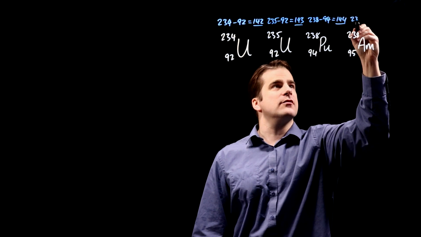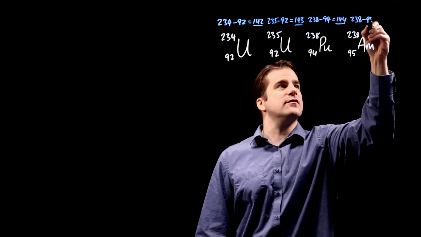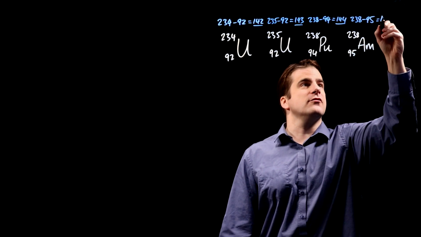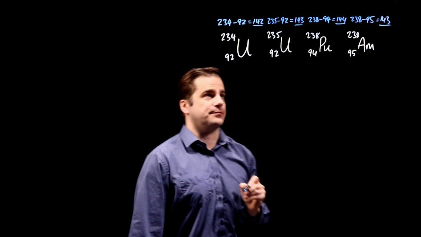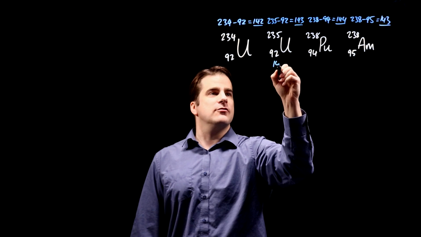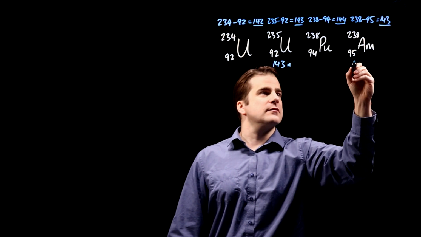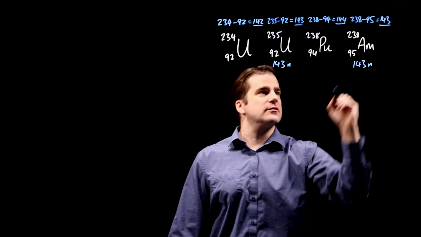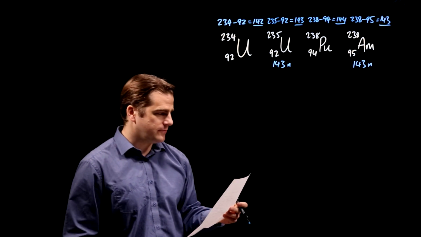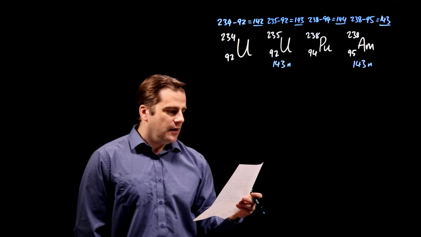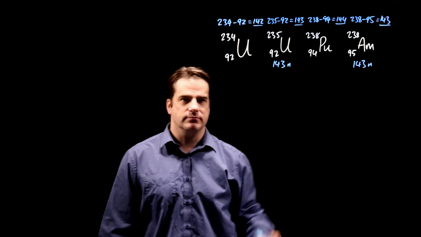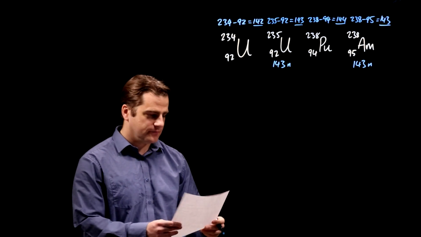And finally, 238 minus 95 is 138 plus 5 is 143 neutrons. Well, it's these two then, isn't it? 143 neutrons, 143 neutrons. Uranium-235 and americium-238, which is B on the multiple choice.